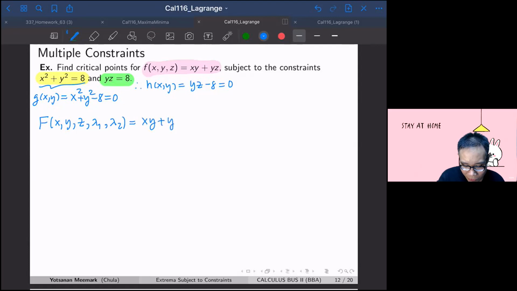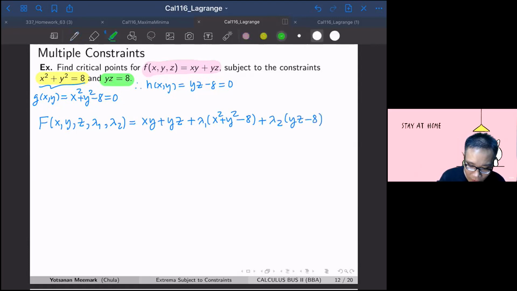So you have xy plus yz, okay? And you're gonna plus lambda 1 times the first constraint, which is x squared plus y squared minus 8, and lambda 2 multiplied by yz minus 8.